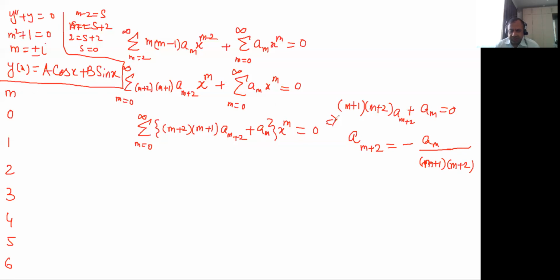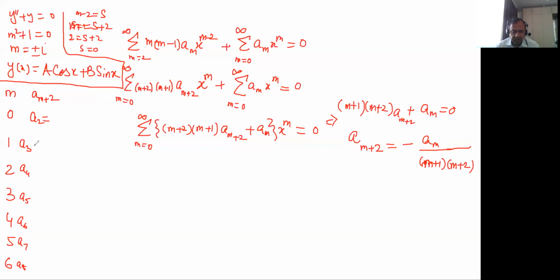And what I will get is a m plus 2 values. So the first a m plus 2 value will be by putting m is equal to 0. What I will get is a2. The next value will be a3, then a4, a5, a6, a7, a8.